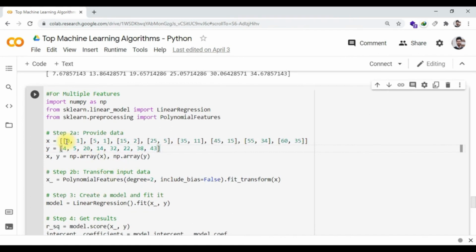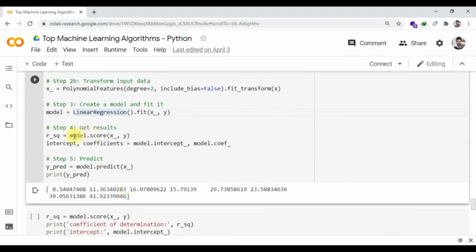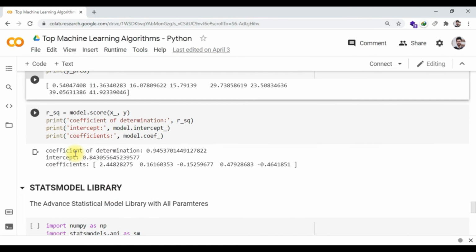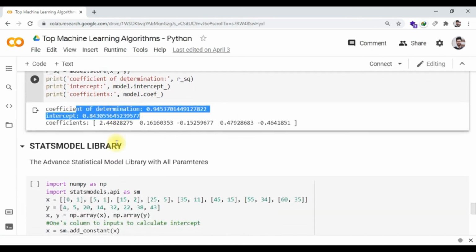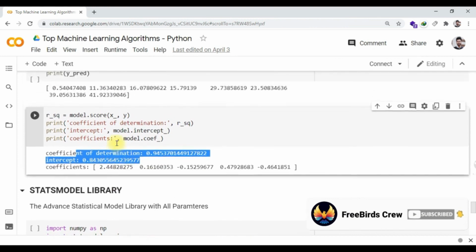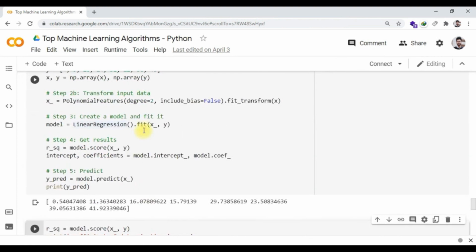So we repeat the same process: convert it into an NP array, call our polynomial transformation with its degree and bias to fit transform, and then put this value into our linear regression model, and we can get our model result. With that, we get all the values and our answers here. I hope you understand all about this, because this is basically the easiest way to implement polynomial regression in Python.